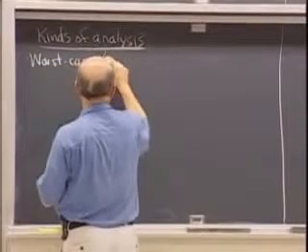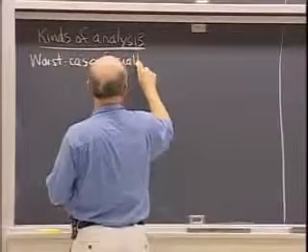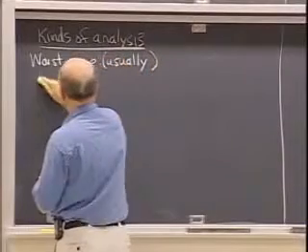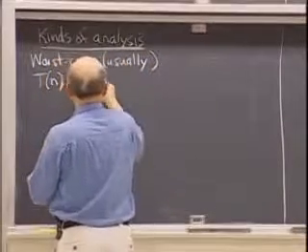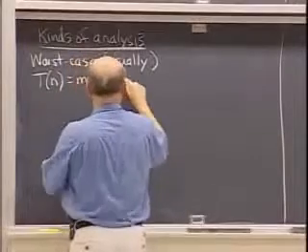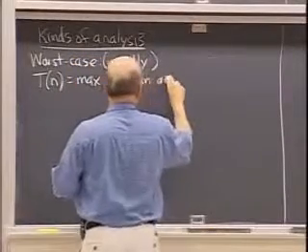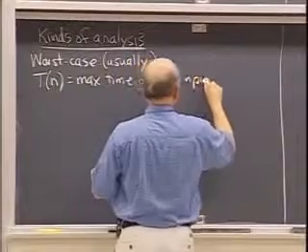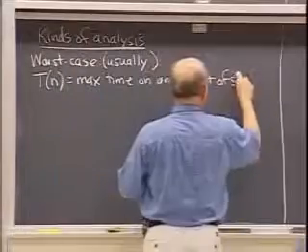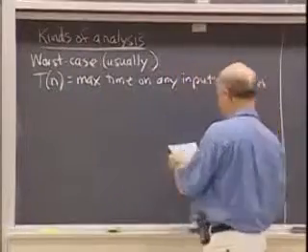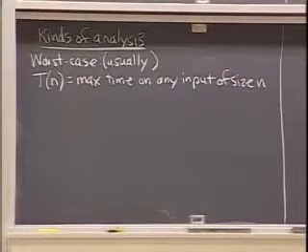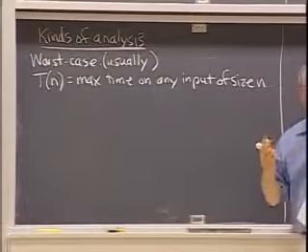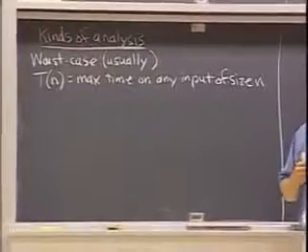This is what we usually do, where we define T of n to be the maximum time on any input of size n. So it's the maximum it could possibly cost us on an input of size n.